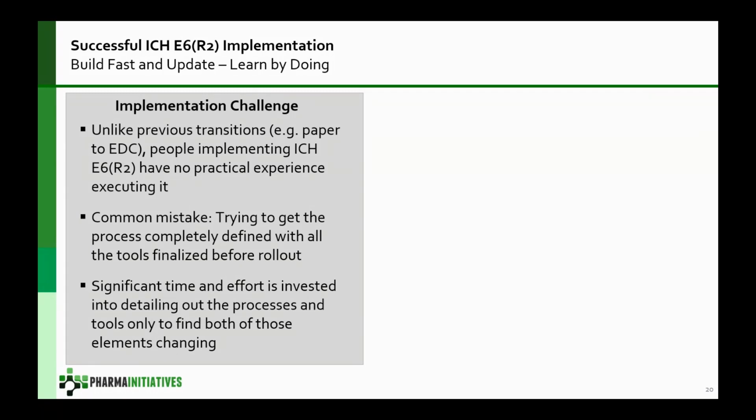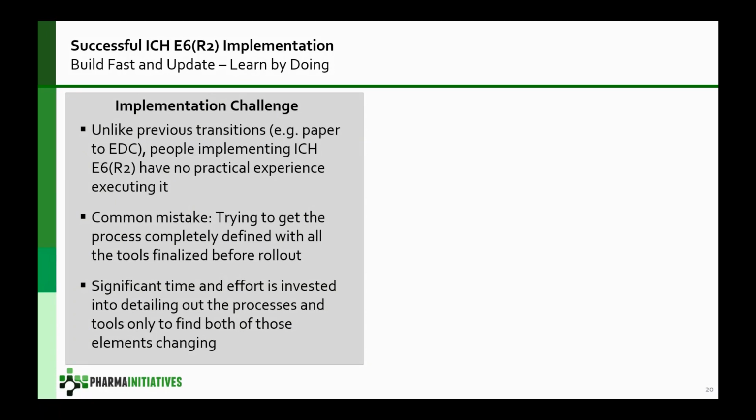And this is different because in most cases, if you're putting in place a process that's either replacing a similar process that's less efficient or replacing a paper process that's super inefficient. In the case of E6R2, you're not doing that. It's a whole new thing, and it's made up of things that look familiar, but we're doing it in a different way, so it's a whole new animal.